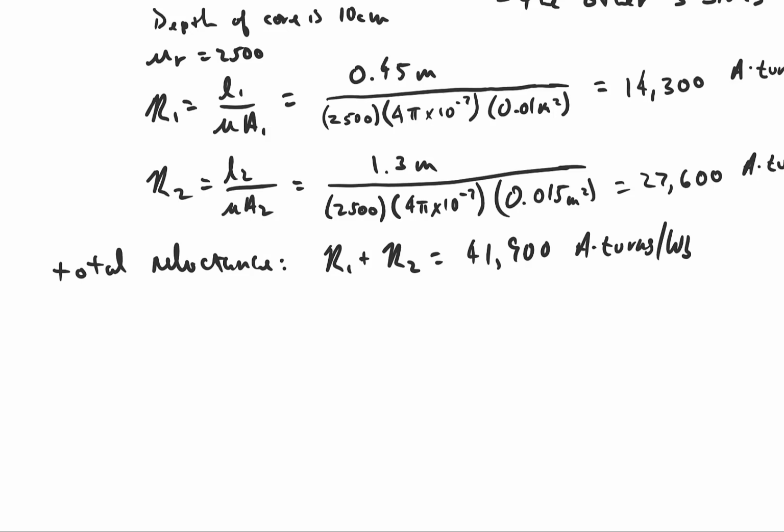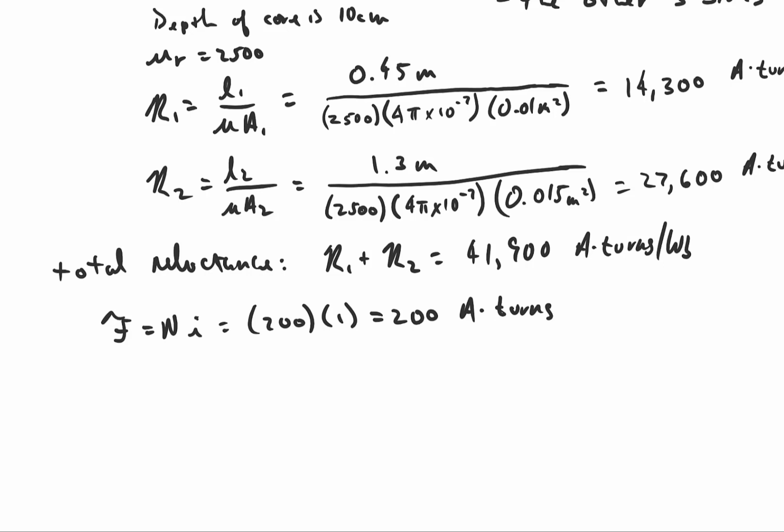And so now I can compute the magnetomotive force. That's just equal to the number of turns times the current. I'm told that I have 1 amp of current and that there's 200 turns, so this is 200 ampere turns.